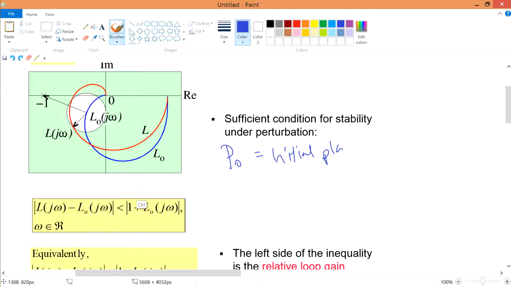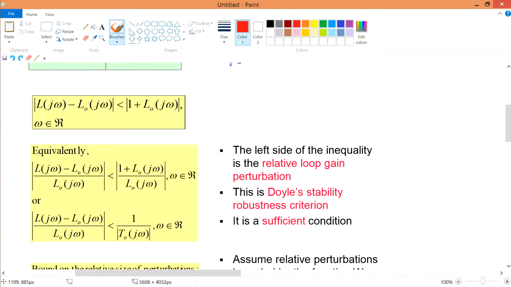We said that before. We want to set a percentage between 1 plus L0 and the distance between L and L0, such that when it is exceeded, we will know straight away. We want to have a relationship with this understanding, and this relationship can be obtained by dividing this whole equation by L0.